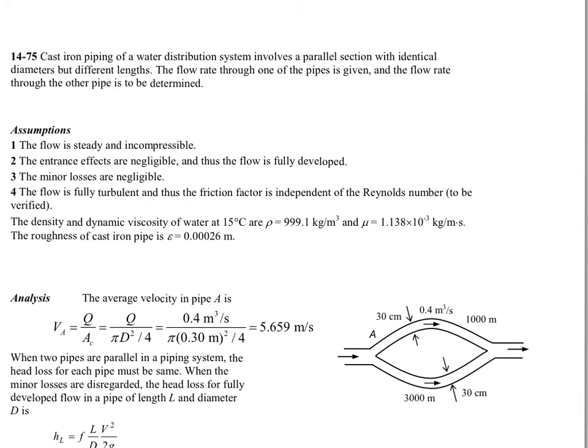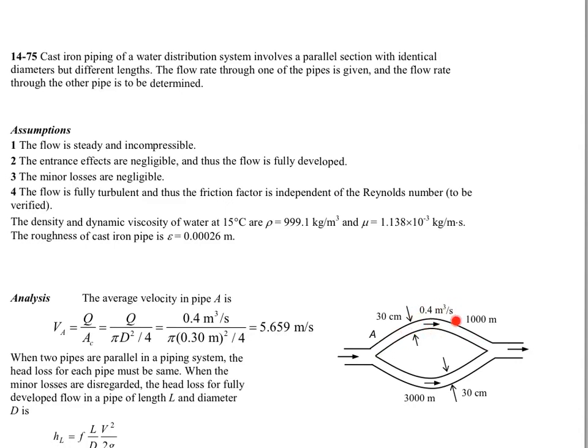The density and the dynamic viscosity are given from the tables, and you are told that this is a cast iron pipe, so the roughness of the pipe is 0.26 millimeters or 0.00026 meters.